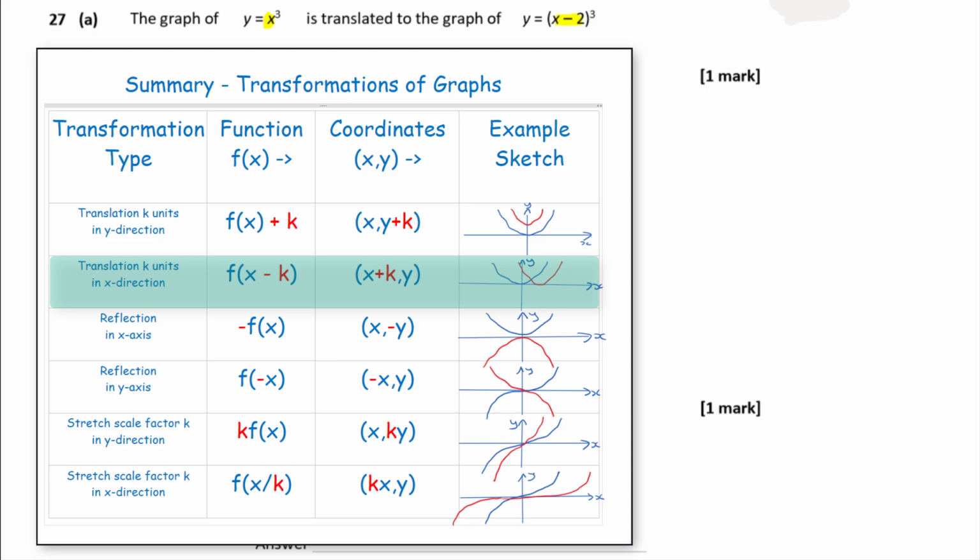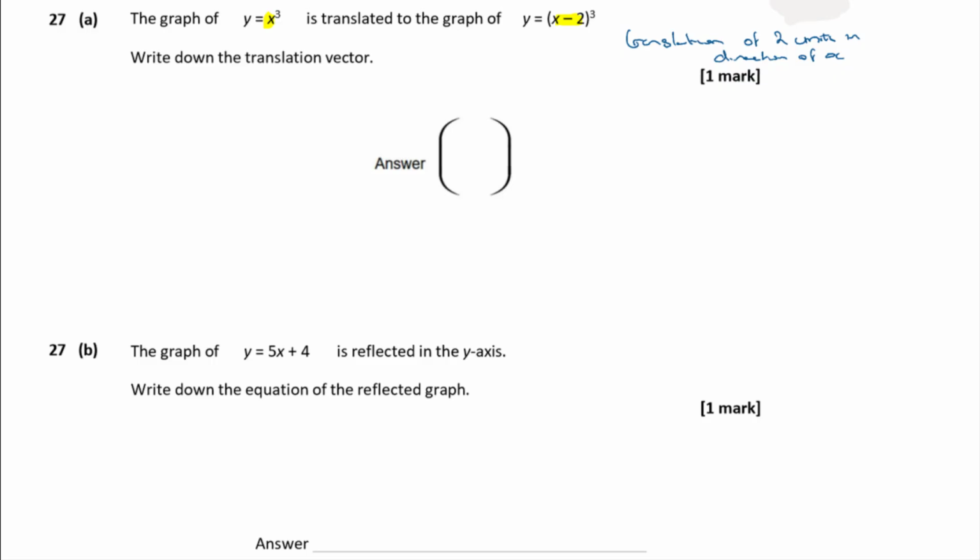It's going to be a translation of 2 units in the direction of x, going up the scale, so off to the right. So we need to go 2 units to the right.